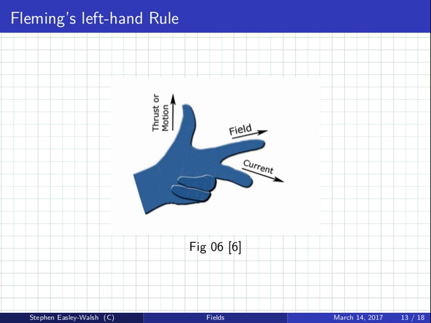So that's from north to south, isn't it? Let's say that's the north end of the magnet, that's the south end, or the magnet's on the ground or whatever. So the field is going that way. So left hand rule, I point the field in this direction here.